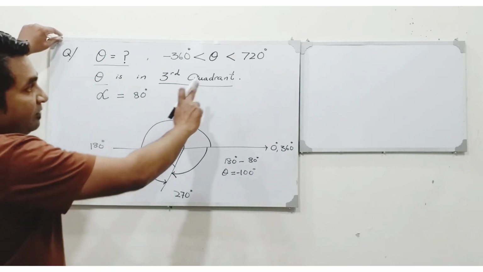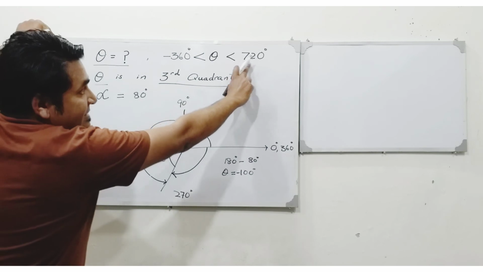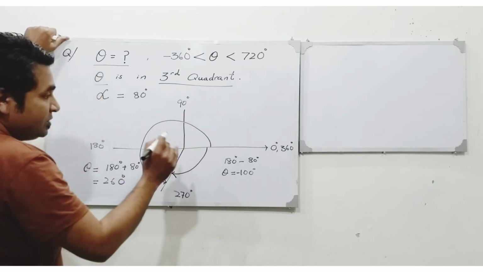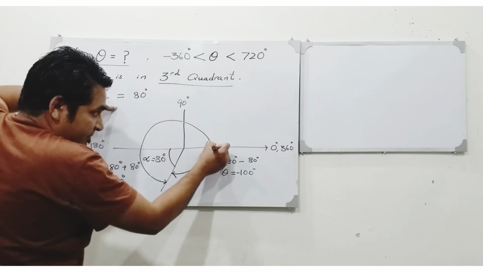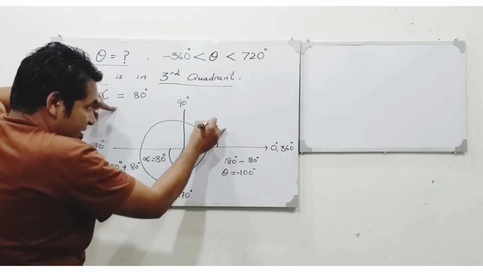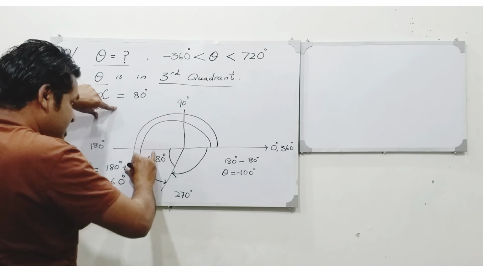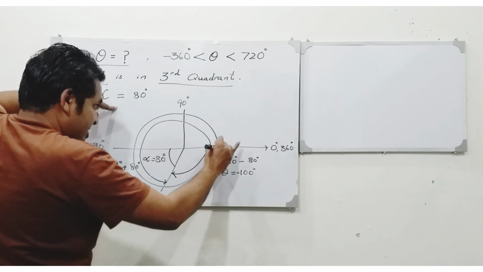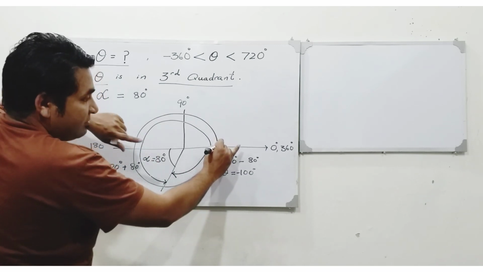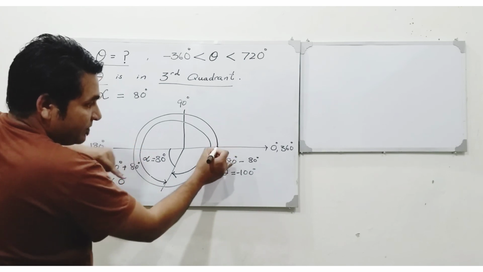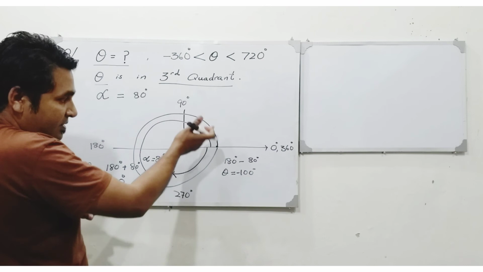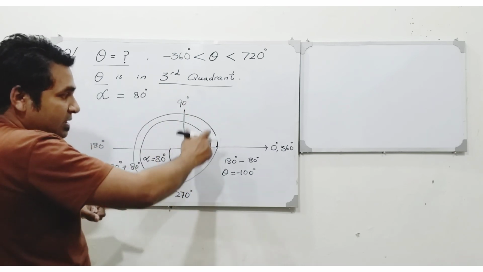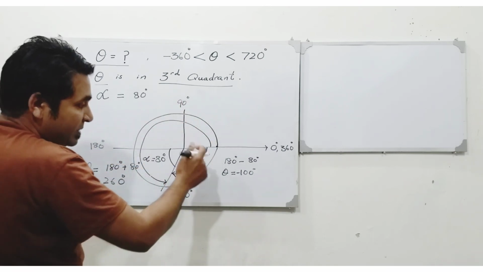But if this range is till 720 degrees, now you know that when we start from here and come back here, we have covered 360 degrees. You all know we have completed one round, one complete turn.